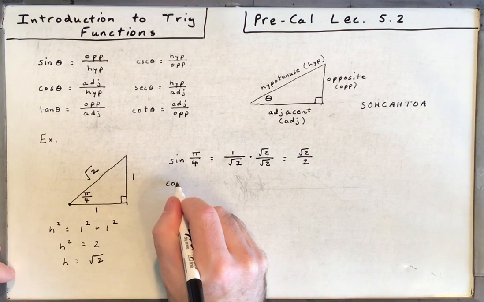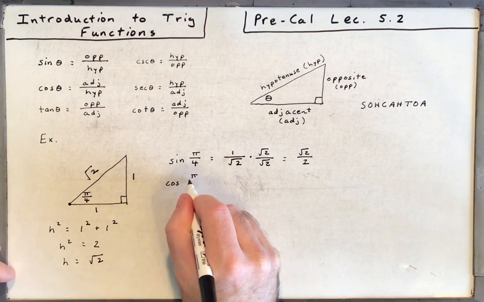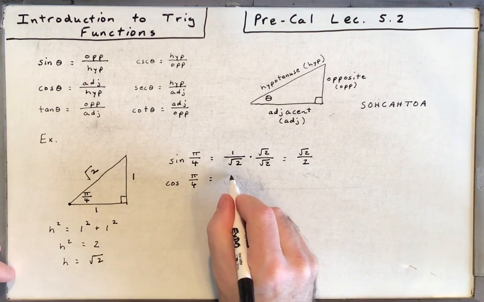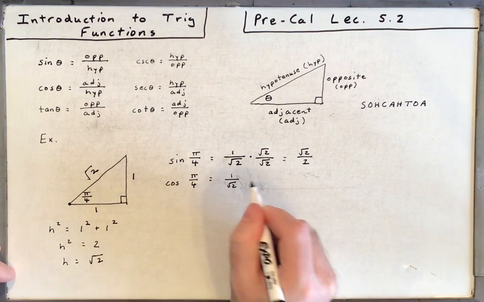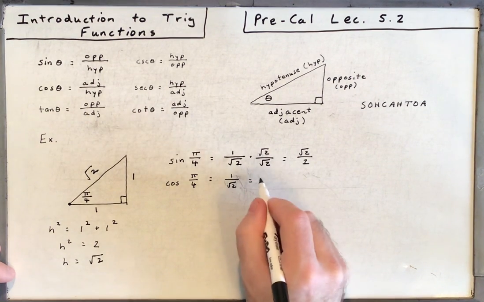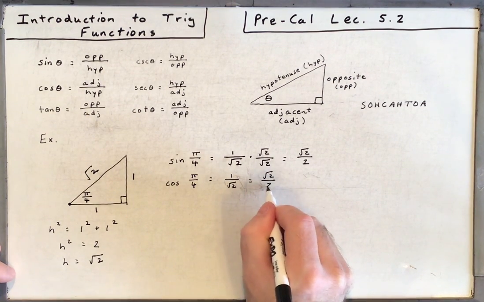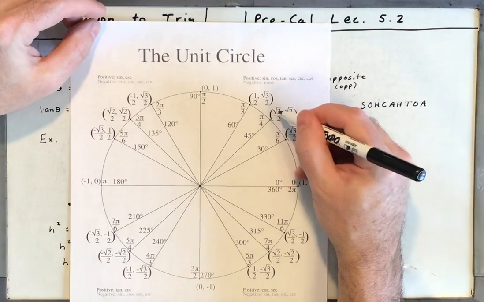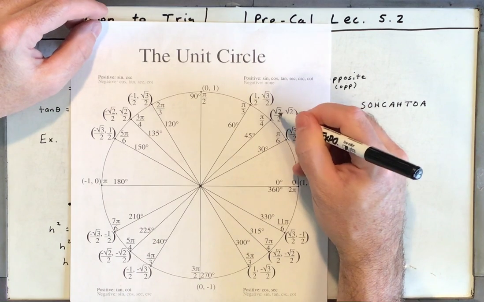The cosine of pi over 4 is going to be adjacent over hypotenuse, also 1 over the square root of 2. When you rationalize that, just like we did above, it's root 2 over 2. So you can see the cosine of pi over 4, cosine being the first number in the parentheses.